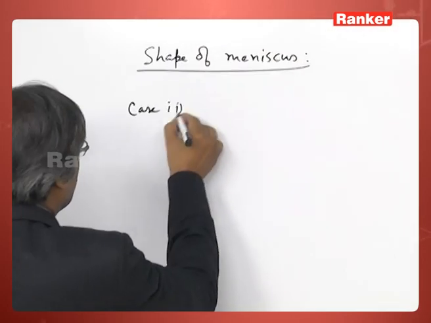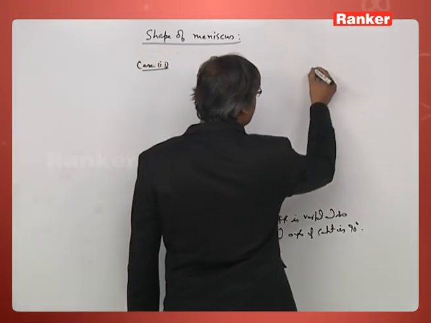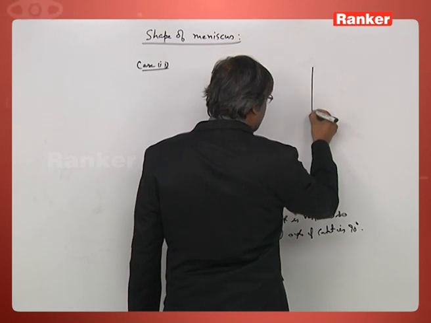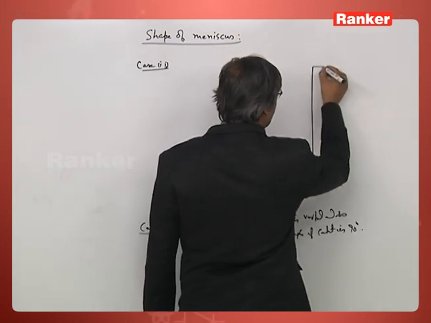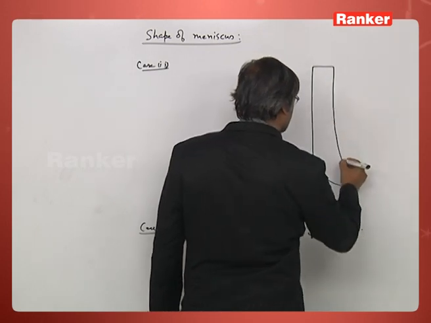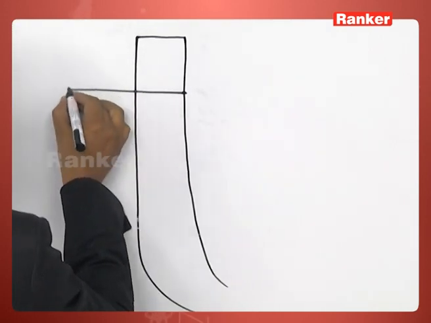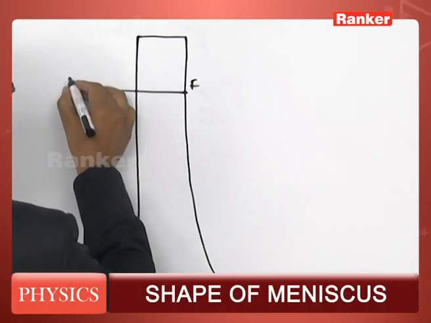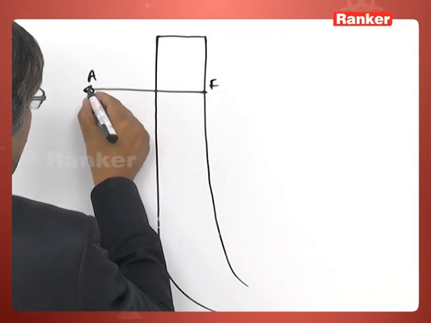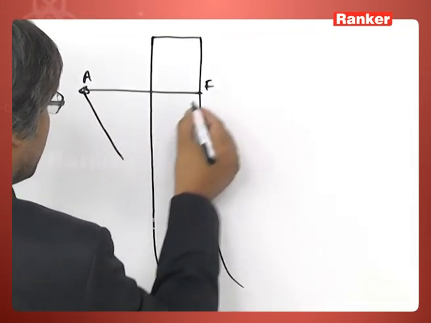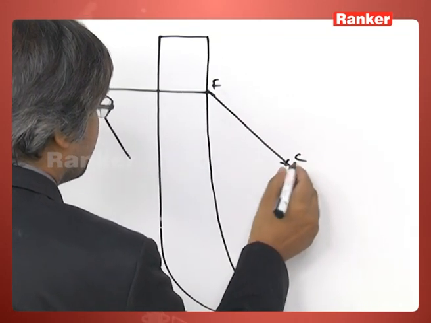Now, come to case 2. This time I am not drawing the whole sphere of influence. So this is my FA force, the adhesive force, and this is FC.